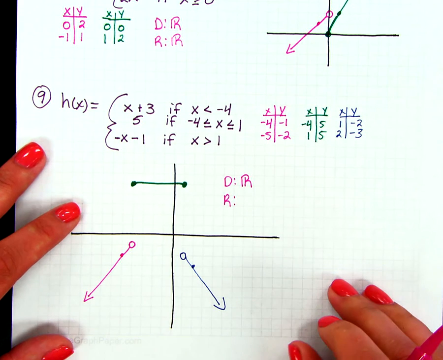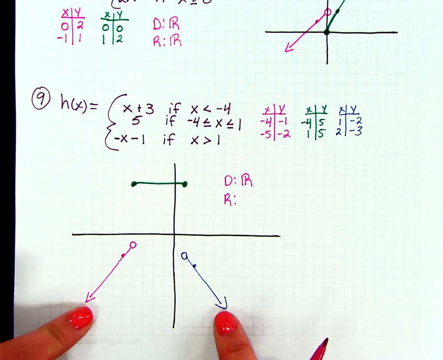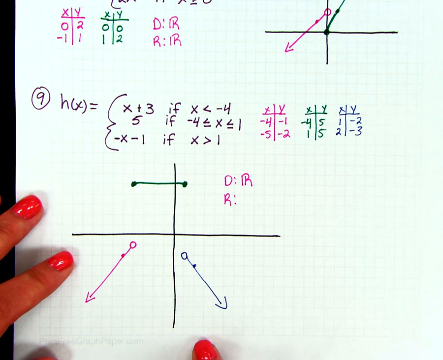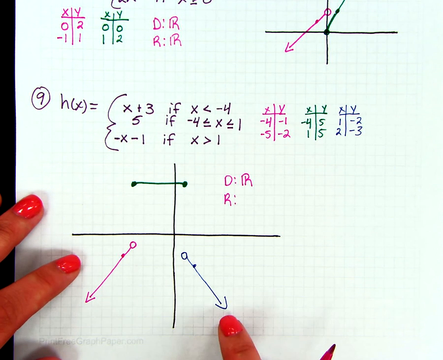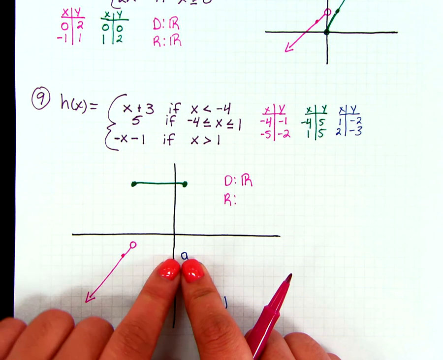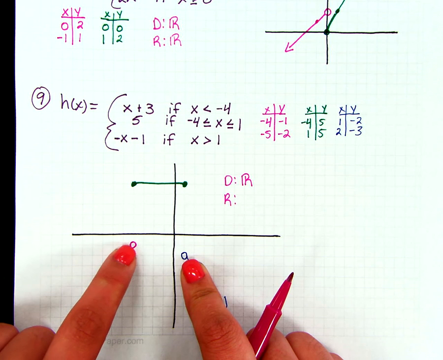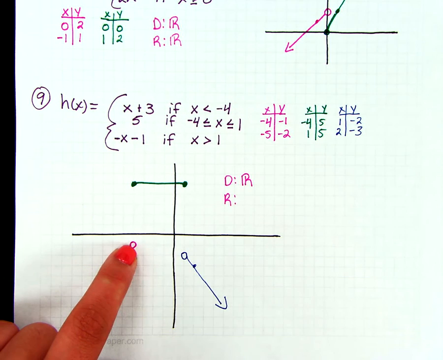So now our range, if we're looking, according to both of these arrows, it's all the way down at -infinity. In this one, it's coming up to -2. But if I go over here, -2 is covered, so that y value still counts. And then this one goes up to -1. And then here we have this big break in the graph.